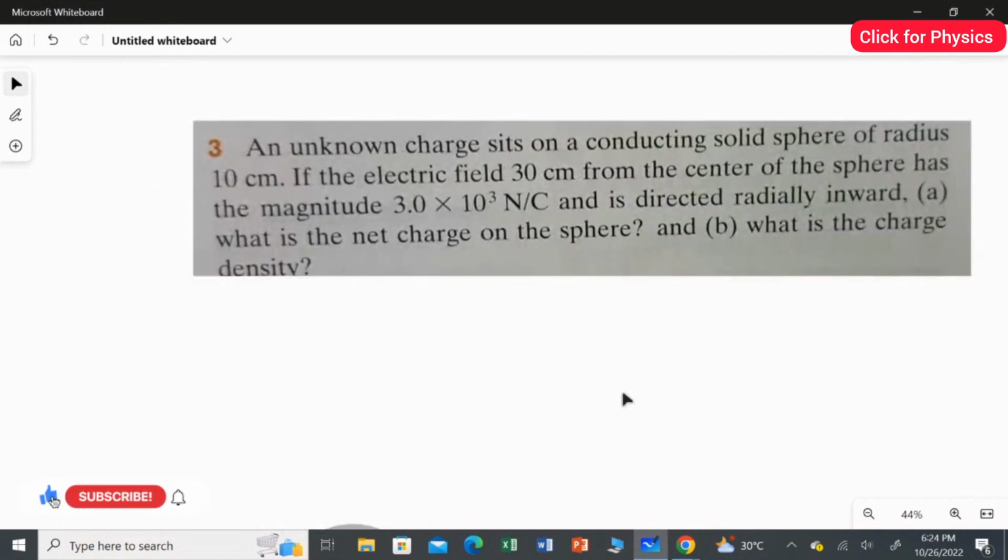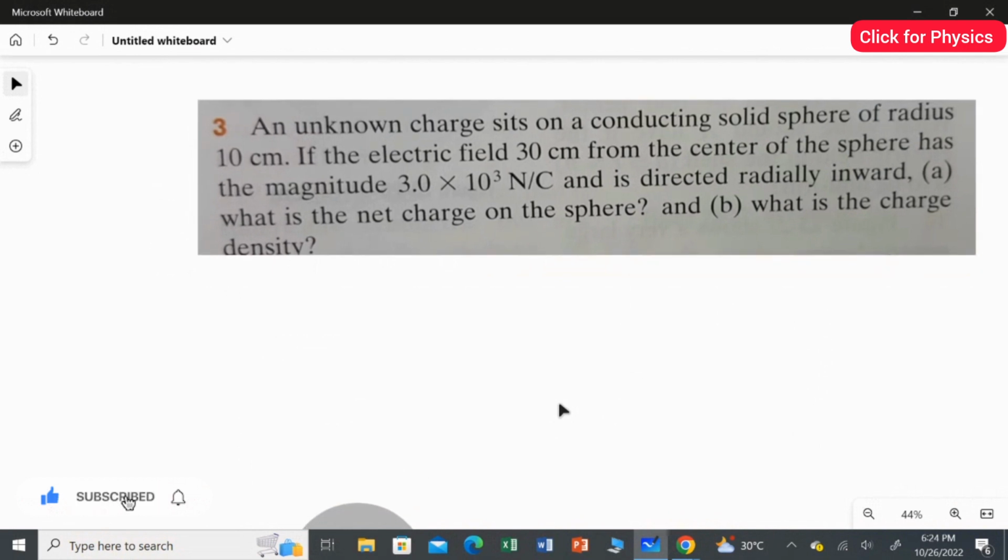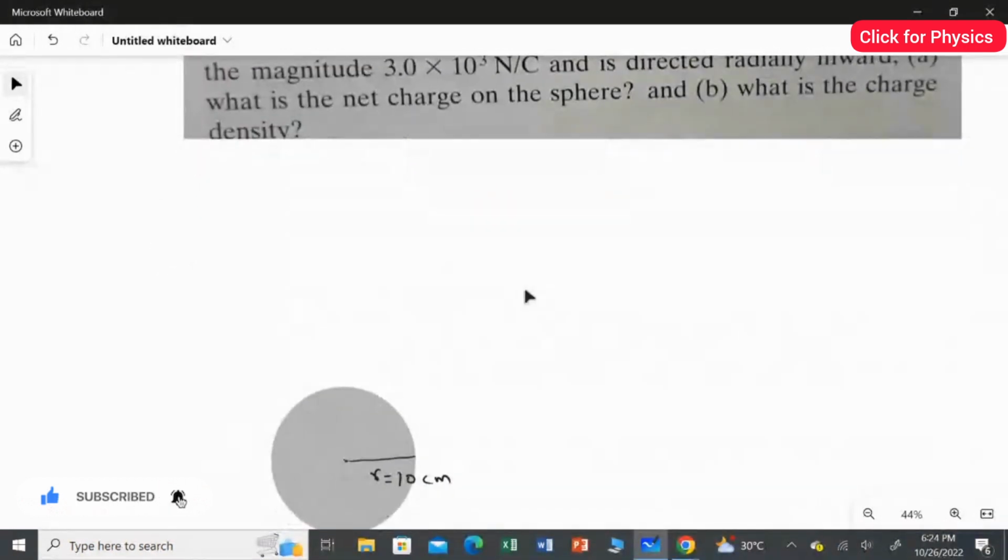Okay. If the electrical field 30 centimeter from the center of the sphere has the magnitude of 3 multiplied by 10 to the power of 3 Newton per Coulomb. That means from the center of the sphere to a distance of 30 centimeter, how much field strength do you have? You have the value of 3 multiplied by 10 to the power of 3.